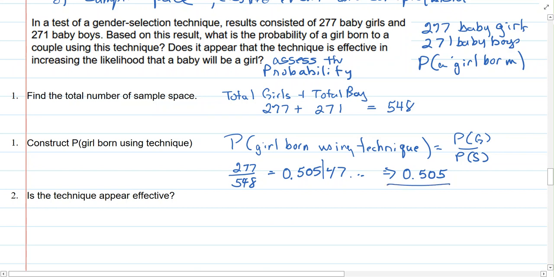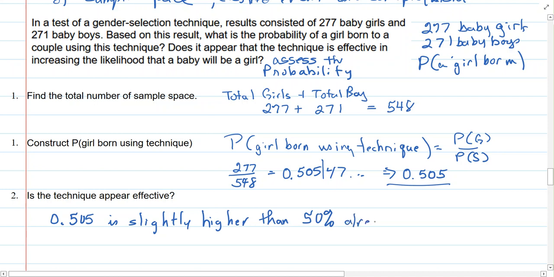So now we're going to assess. That's slightly higher than 50%. Does the technique appear effective? It's higher than the 50% already known. So is it effective?